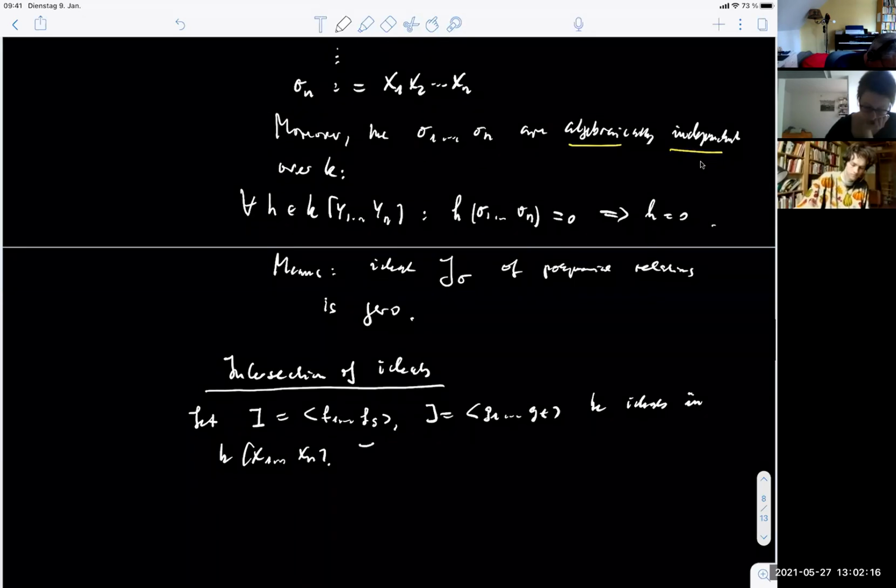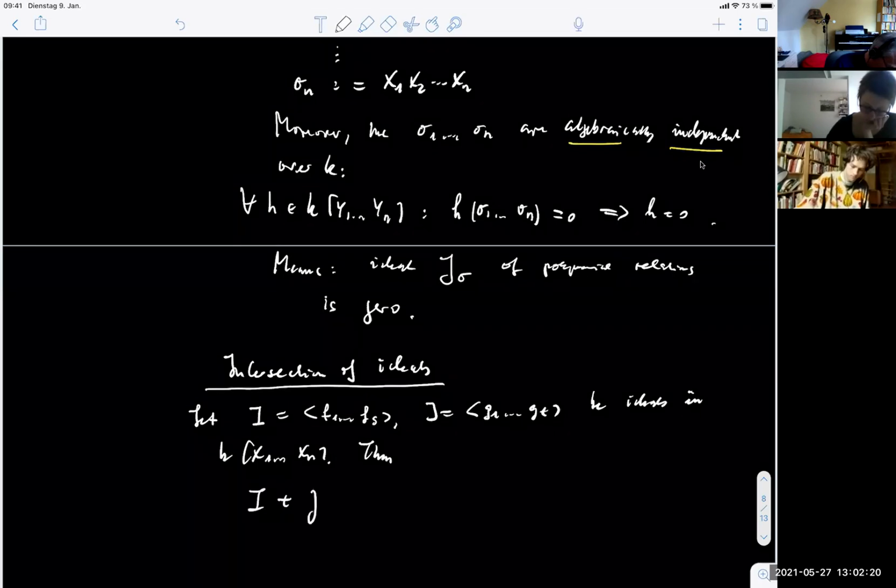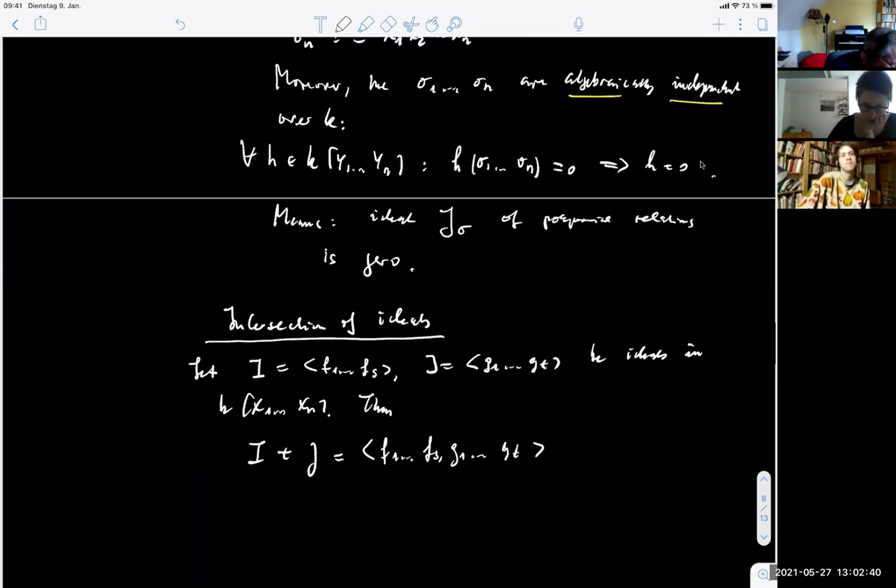Then what can we do? We can form the sum of ideals. Computing the sum, in the sense that I want a set of generators of the sum, is trivial. I just take these generators and list them together. So these are generators for the sum. There is nothing to do here.